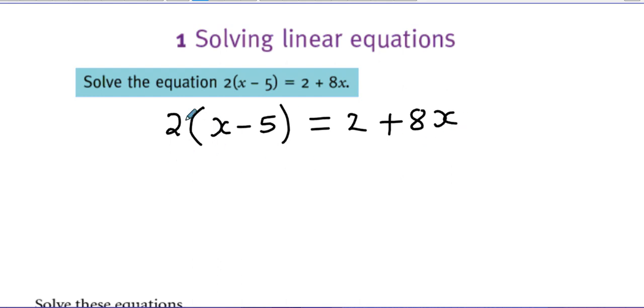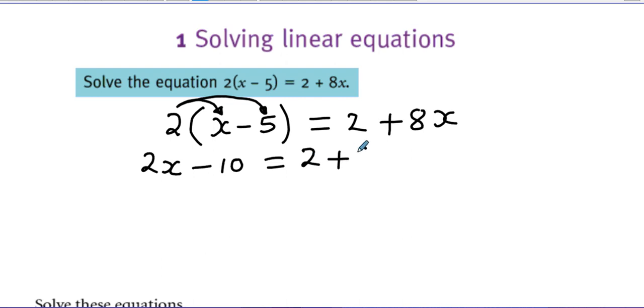So the first thing you have to do is open the brackets like so. This means that you take 2 times x, which is 2x, and then 2 times negative 5, this will be negative 10. That will be equal to 2 plus 8x. Now when you reach here, simply collect like terms.